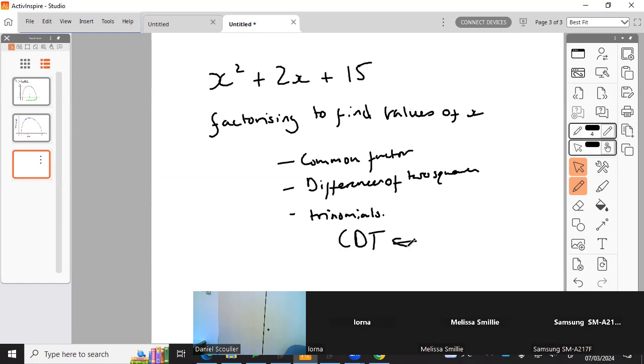What we were trying to figure out there was where the parabola cuts the x-axis.